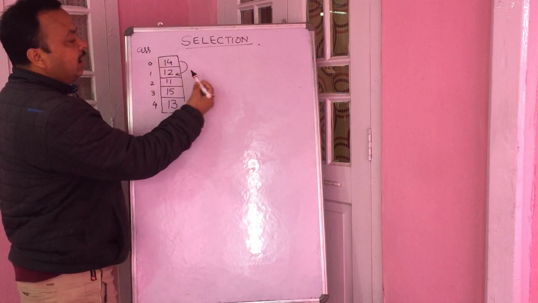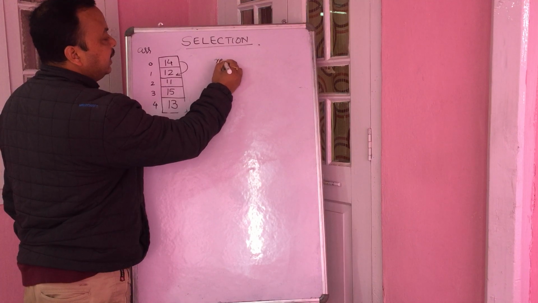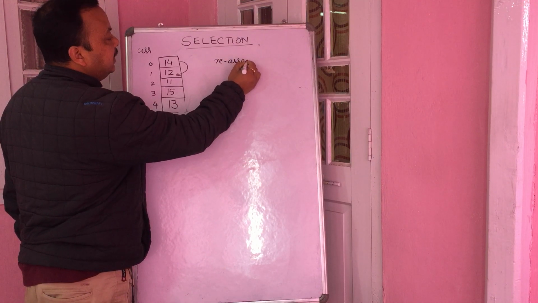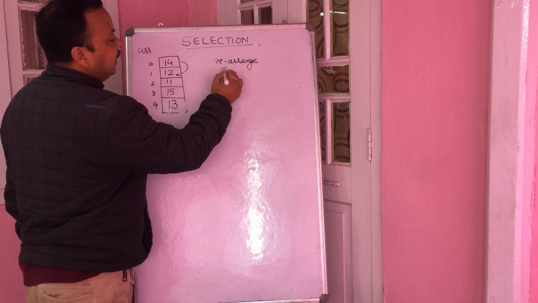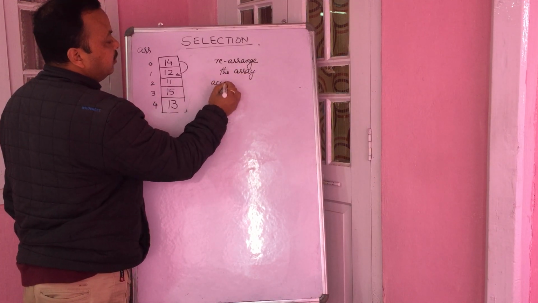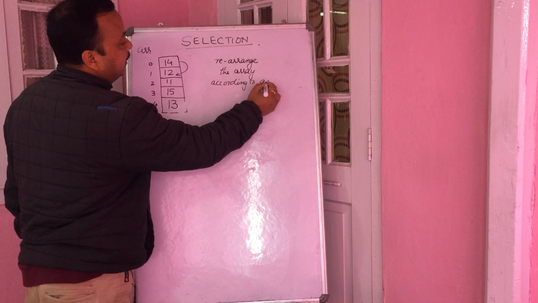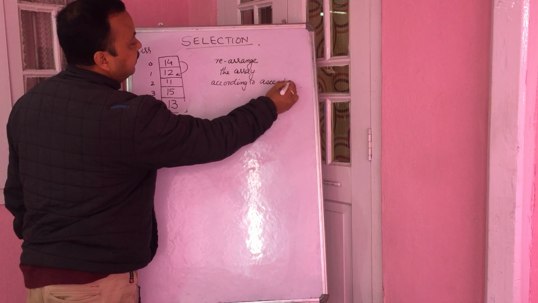Why are we comparing whether 14 is greater than 12? Because we want to rearrange the array according to ascending order.